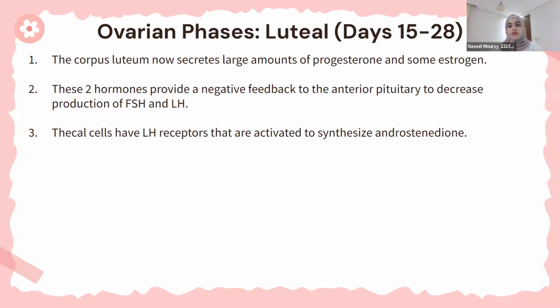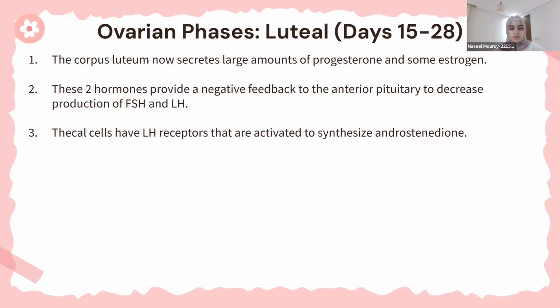Okay? Now, does this only happen in the luteal phase? No, it happens throughout the entire cycle, okay? But this is the main way to get estrogen, especially in the luteal phase, because if you guys noticed, we mainly secrete progesterone from the granulosa cells in the luteal phase, but we also do need to secrete estrogen. So where does that come from? It comes from the androstenedione that's secreted by the thecal cells.